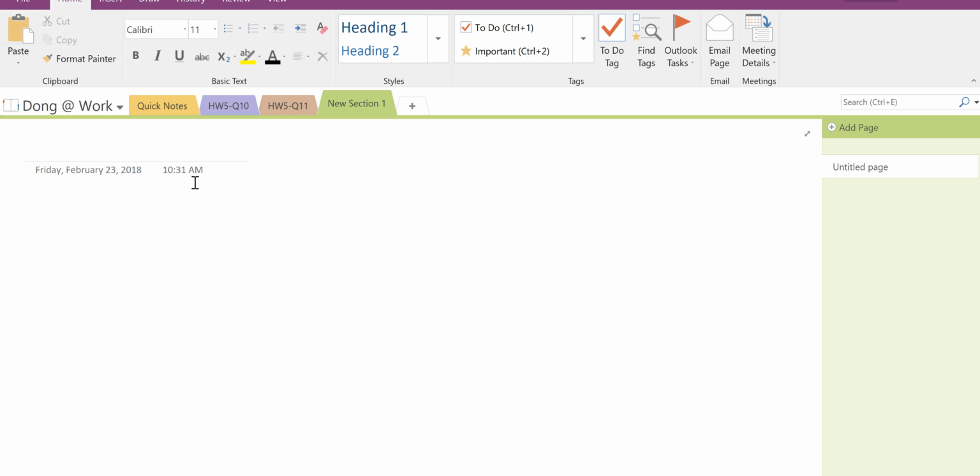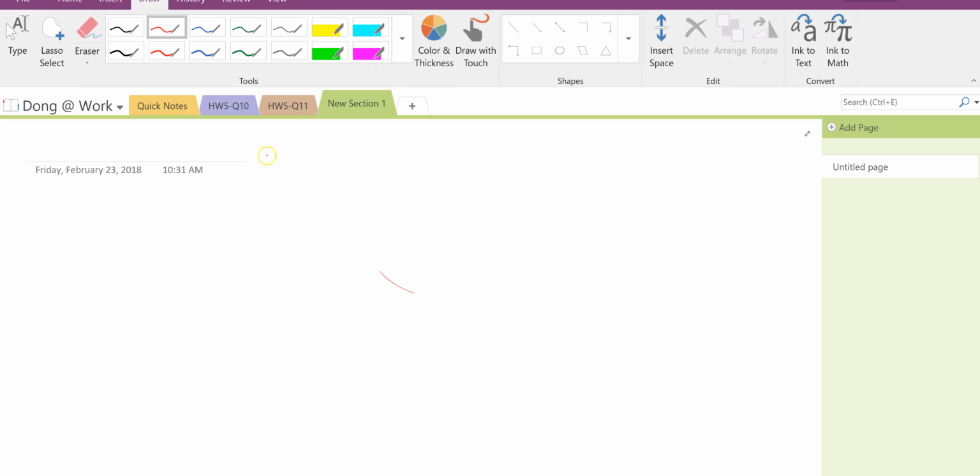So let me use a chart timeline. This is 1 year, 2 year, 3 year, and 4 year.